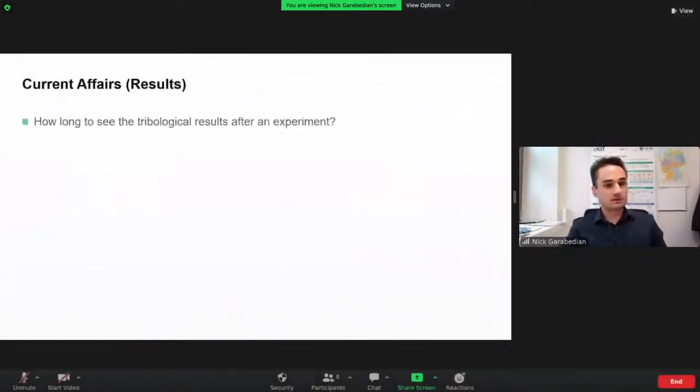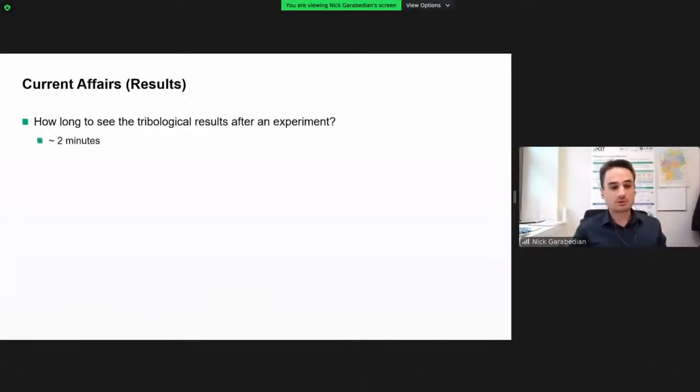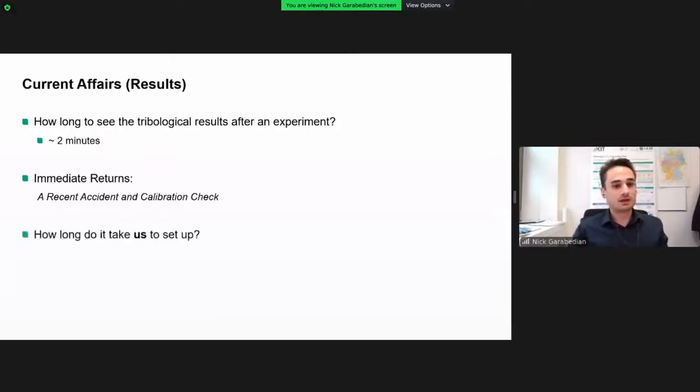And the results, at this point, it takes about 2 minutes for the results from the tribometer to be uploaded to our ELN so that I can see them on my phone anywhere in the world. And it makes it easy to trace back accidents and correct for them because all the metadata is stored automatically. This all took us about 2 years to set up.